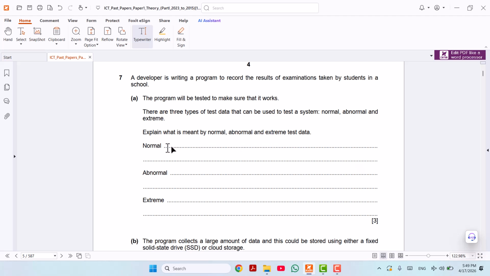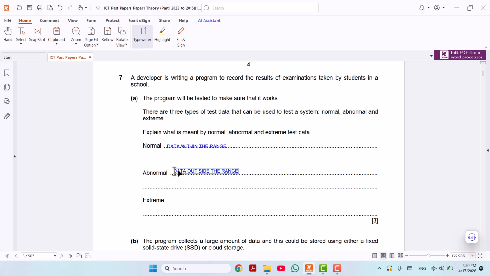If you remember, boys, we explained this before. Normal means data within the range, acceptable. Abnormal means data outside the range.